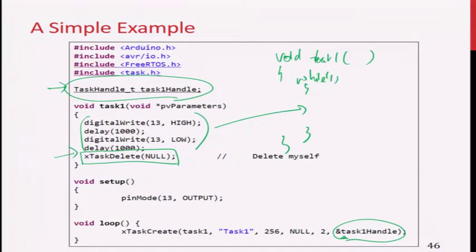Okay, so of course now it leads us to the next question. Correct? If my task is written in a while 1 loop and it's going to run forever, then how will my other task get a chance to run? If my one task already is going to run in an infinite loop, how will my other task get a chance to run? So that is where you need to put in certain mechanism in place so that when I fulfill certain objectives of my task, I'm able to go to a block state, or I will go to a ready state.